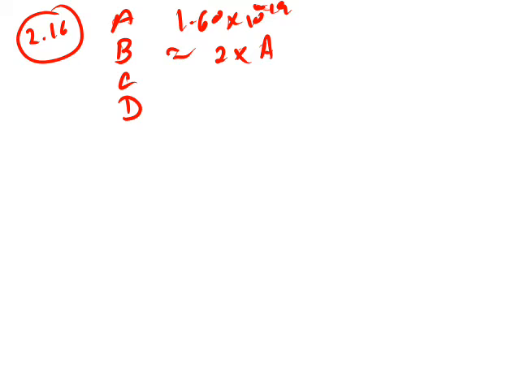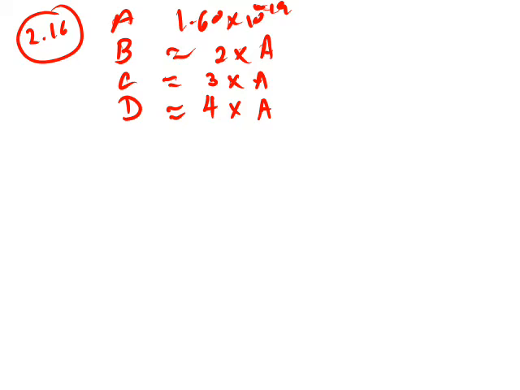C is 4.81 times 10 to the negative 19, which is about 3 times the value of A. And D is about 4 times the value of the charge for A. So obviously the minimum charge resides on oil droplet A, which is 1.60 times 10 to the negative 19.